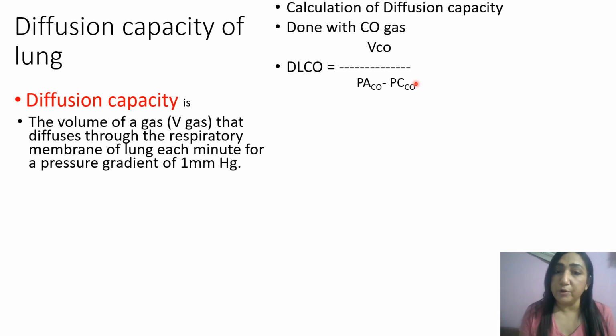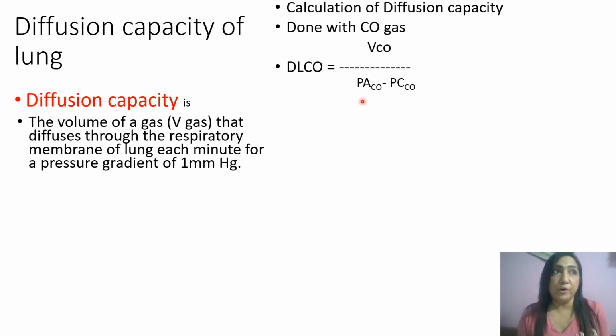But carbon monoxide, after diffusion, is taken completely by the hemoglobin, and there is no plasma carbon monoxide. So the pulmonary capillary partial pressure of carbon monoxide comes to 0. There is no need to measure it because it is already 0. Now we can easily get this value.